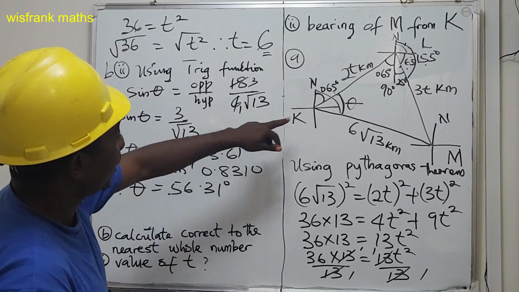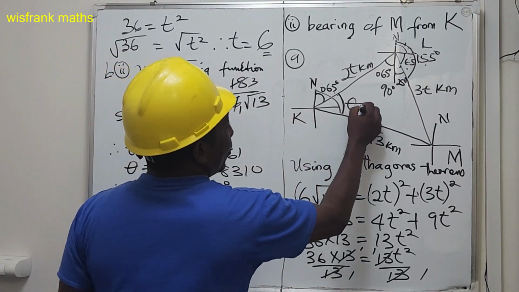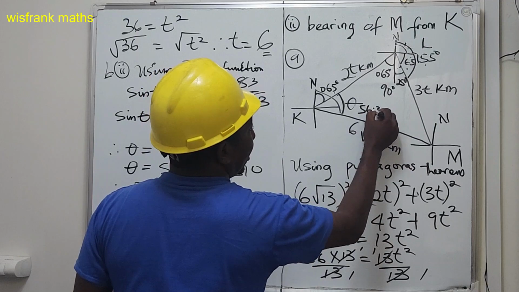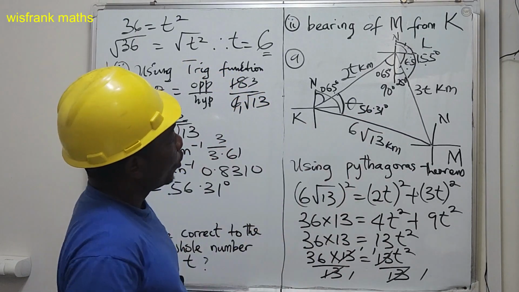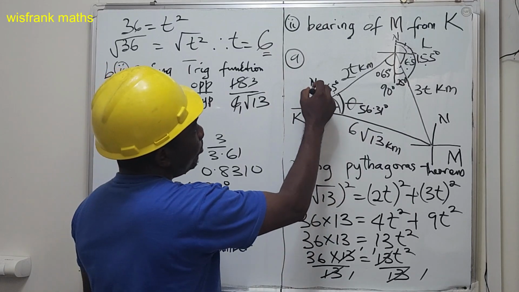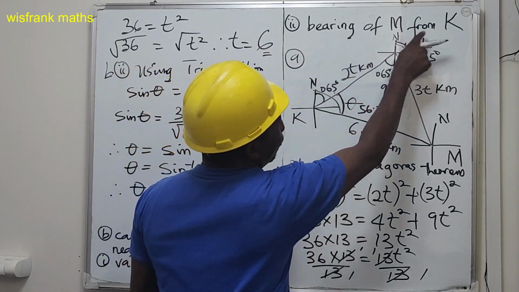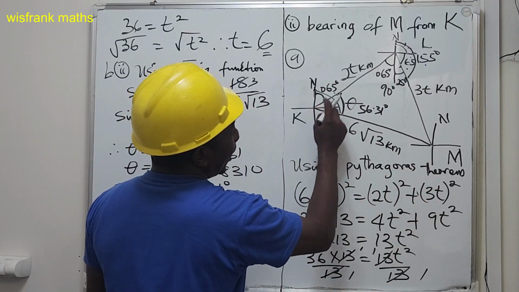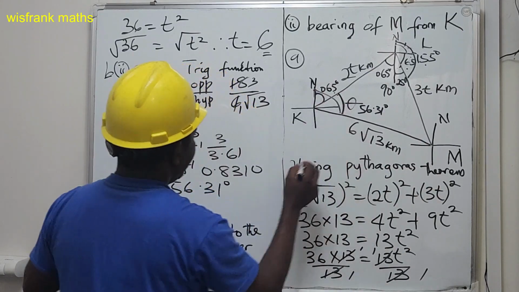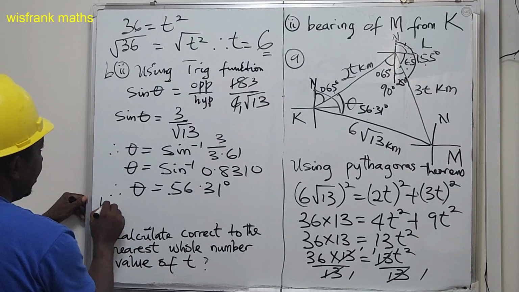So our value here is 56.31 degrees. But our final answer is not here. What we're asking is the bearing of M from K. So that is B II.